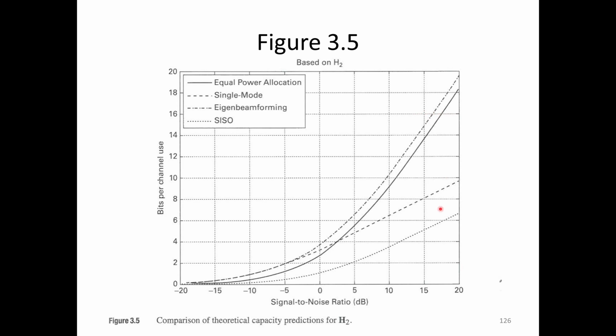And this length is equal to 20 minus 15 dB, which is equal to 5 dB, and 5 divided by 4 is equal to 1.25 dB.